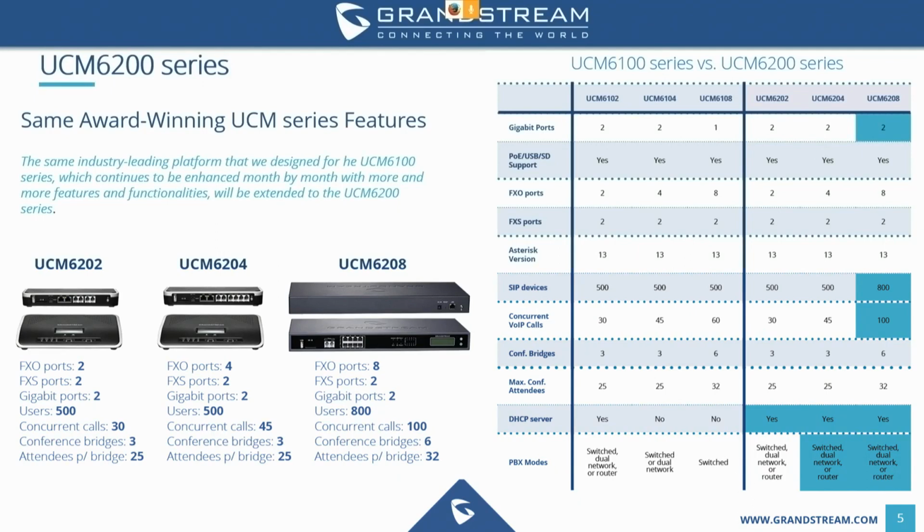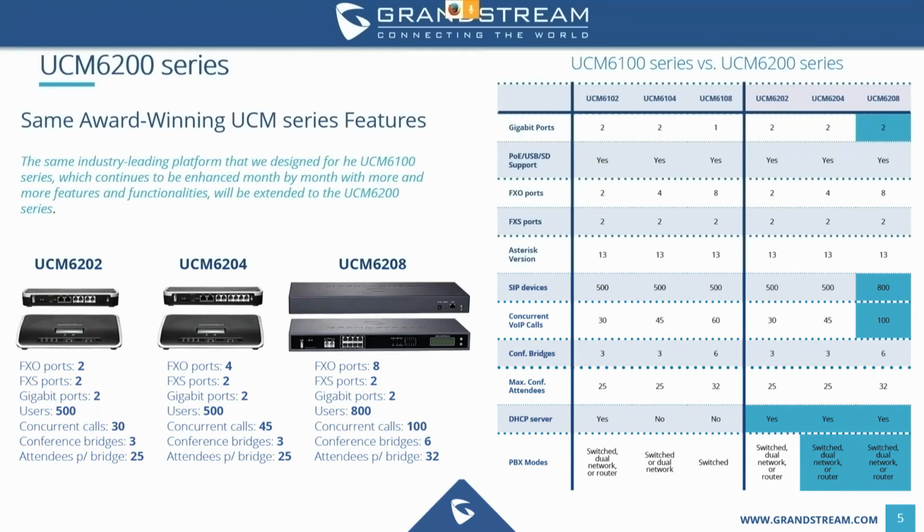So the features that we've added in the 6200 series are pretty much just a built-in DHCP server in each model. Previously, only the 6102 offered that, and we also support switched dual network or router mode in every 6200 series, whereas only the 6102 supported that.